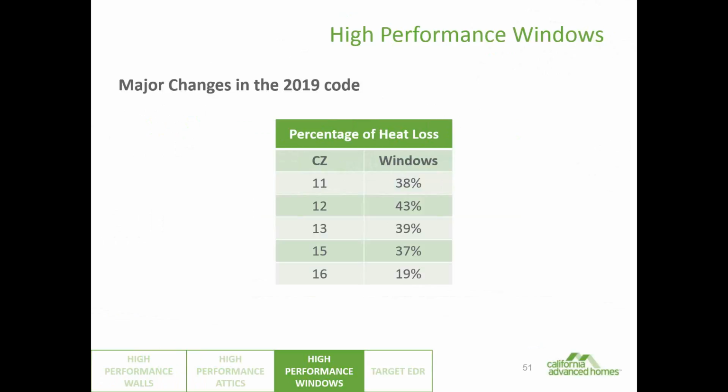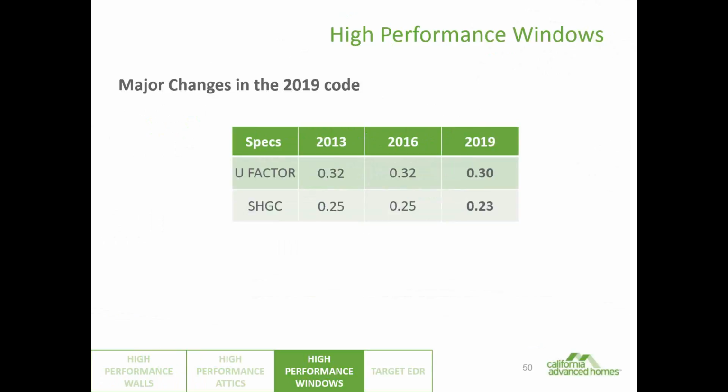So how do we make the next technological leap in windows to get from where we are now, which is around 0.3, 0.23, 0.25, down and cut a third of these out, so you're at 0.2, 0.2, or 0.15, 0.15? How do we get there, and how do we move the market to do that?